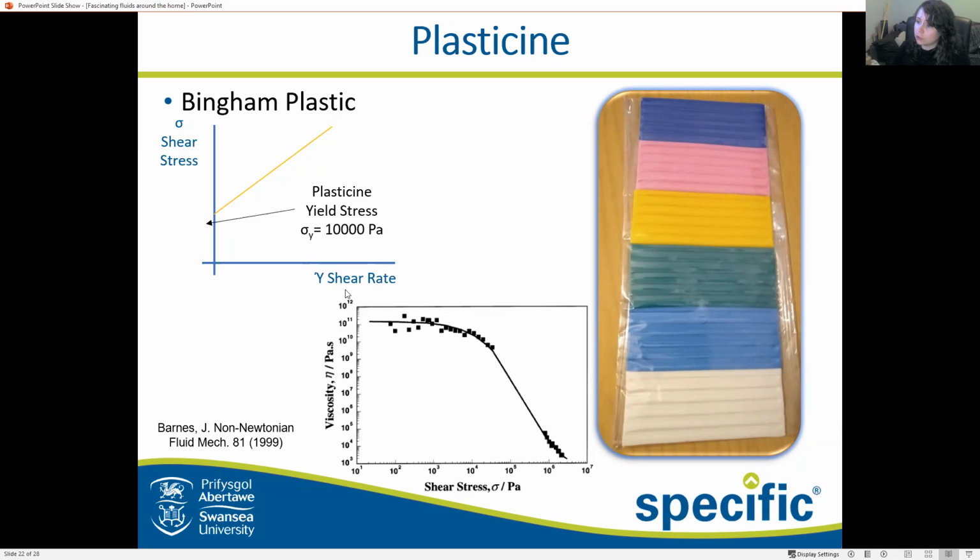Something you should probably note is that this graph is on a logarithmic scale, so it's not actually representative of what we would expect. Although it looks like a very small change up here, this is actually quite a significant change. It's in a far higher factor than down here. So that's something to bear in mind.